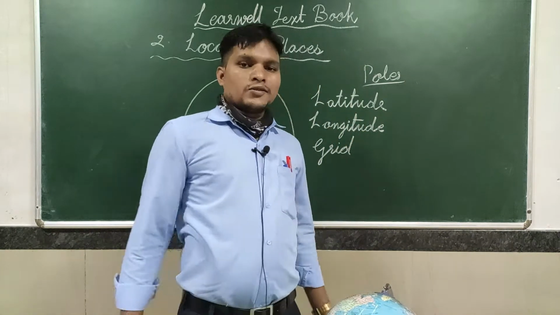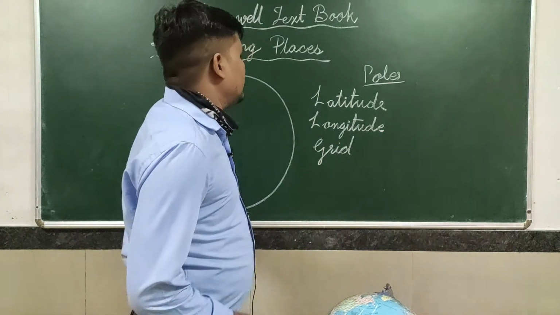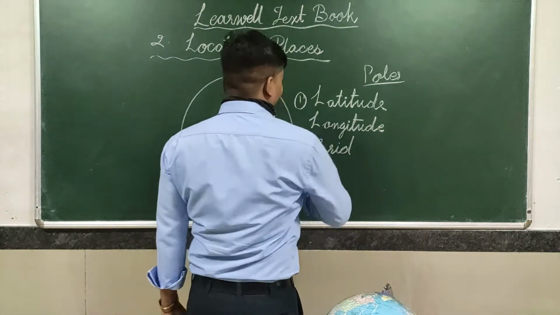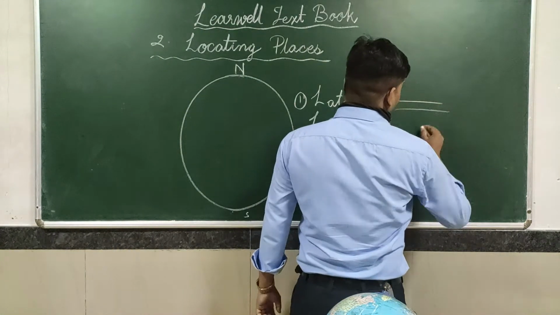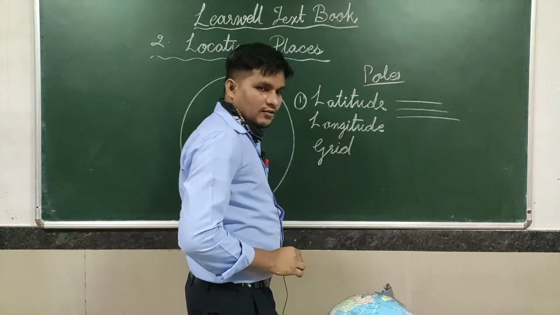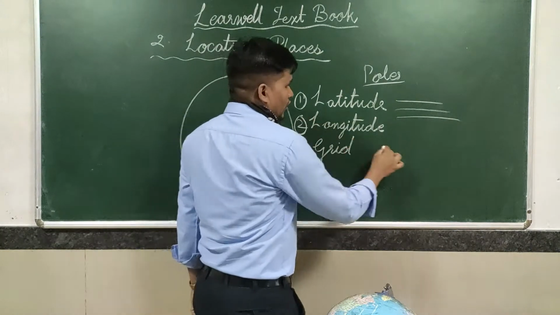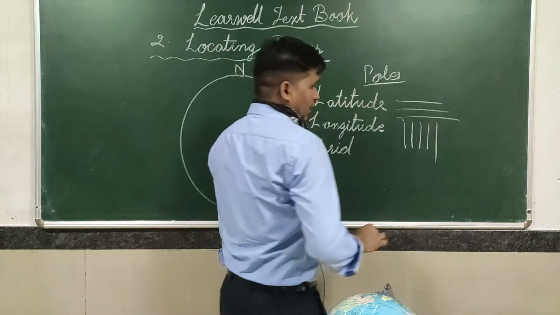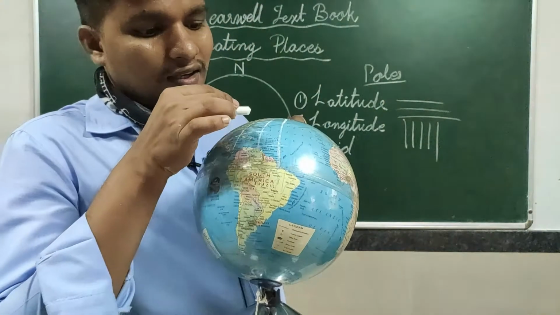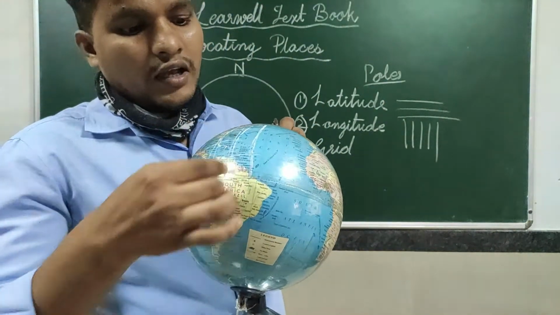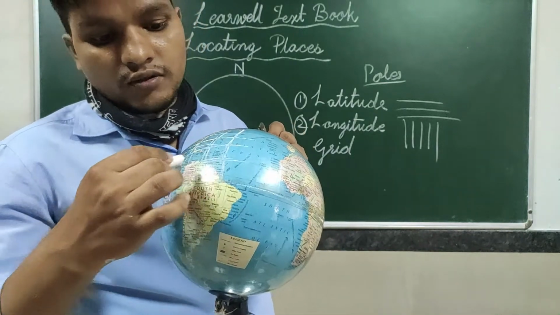I told you there are two types of imaginary lines. One is latitude, like this. Another one is longitude, like this. Just imagine, this is called longitude and this is called latitude.